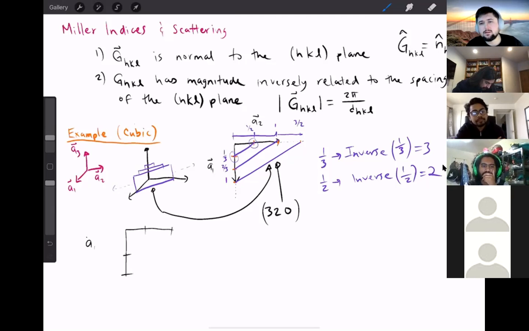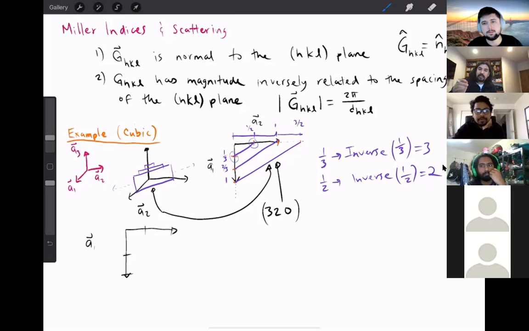Let's say that you said the one, right? Oh, Dr. Bunda, I'm so sorry. 3-2-0 is the first one close to the 0 axis, isn't it? 1/3 and 1/2. But then you pointed to the last one, which is 1 and... Well, actually, they're all the same thing, right? The 3-2-0 tells us what these planes are.